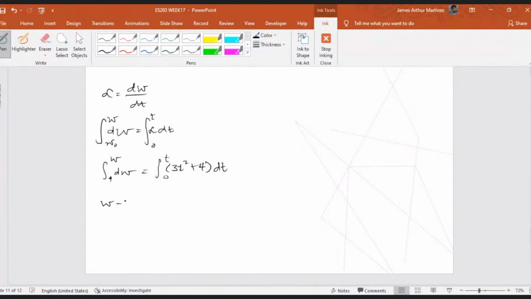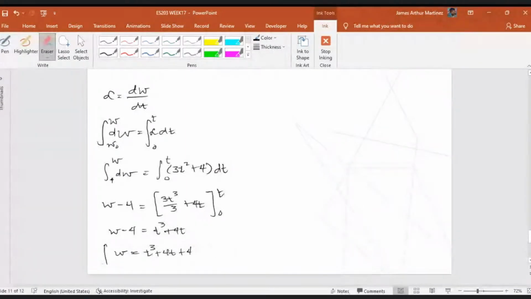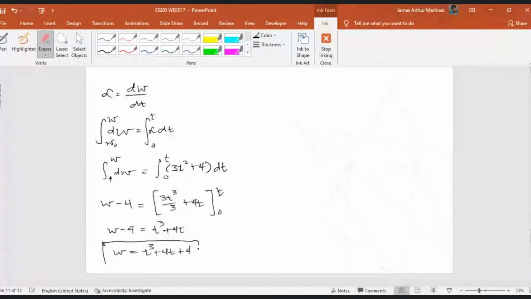So evaluating, we'll have omega minus 4 is equal to 3t cubed over 3 plus 4t from 0 to t. At the lower limit, the whole expression will just be equal to 0. Therefore, the resulting equation would be t cubed plus 4t, then simplifying, t cubed plus 4t plus 4. So we now have an equation for the angular velocity.